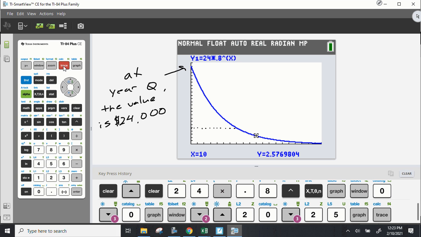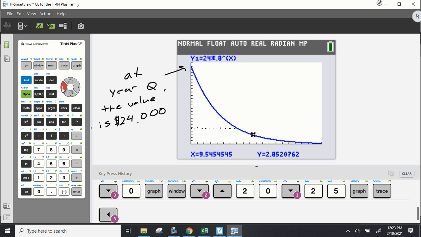We would like a y value of 5. It said about when, so we would say at about 7 years. At about 7 years, we're going to have a value of $5,000 for this car. Awesome.